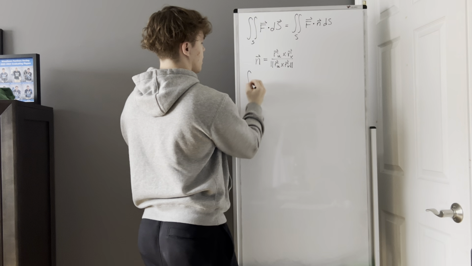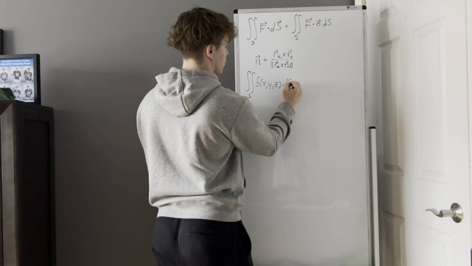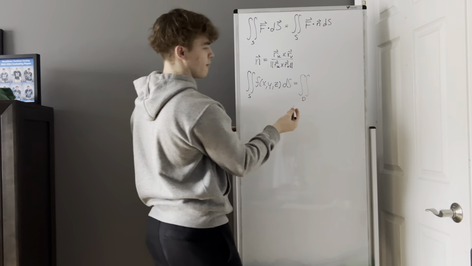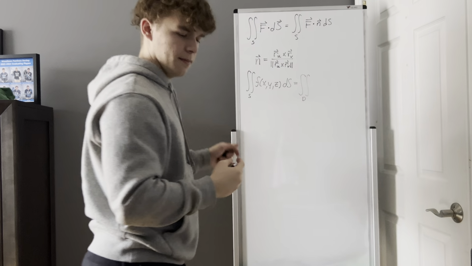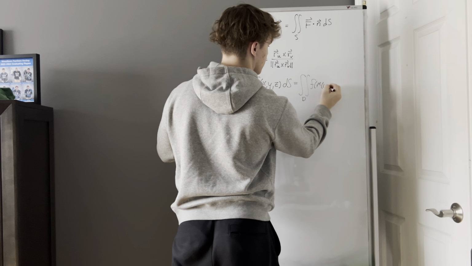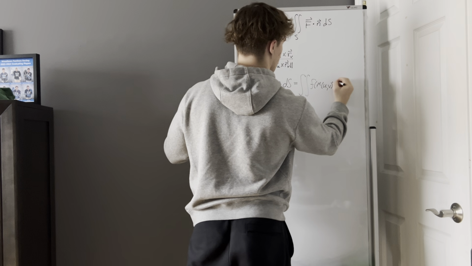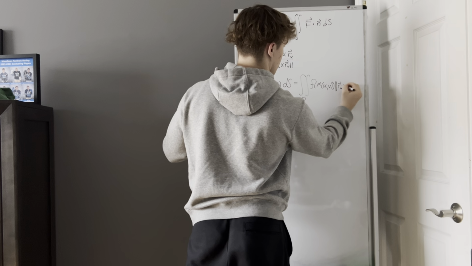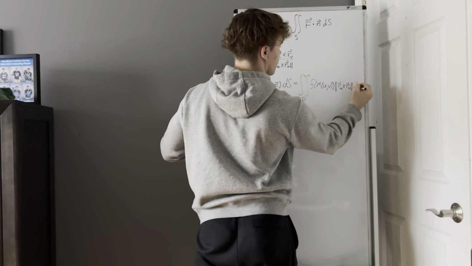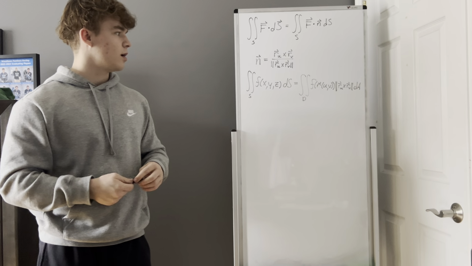We remember that the surface integral of a scalar function with respect to a small segment of the surface is equal to the double integral over our region D of our function of our parametrization, not dot producted with, just times the magnitude of the cross product of the partial derivatives of both of our parametric equations.